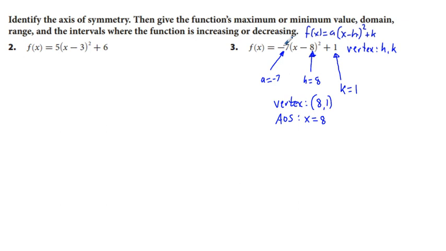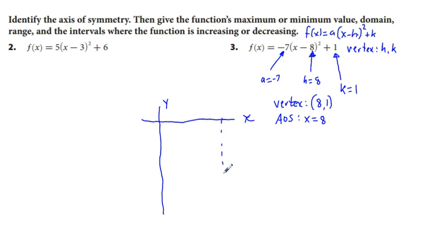Well, a is negative, so that means we're going to have, I'm just going to make a sketch of it over here. We have the xy coordinate plane. So we have 8 units to the right.